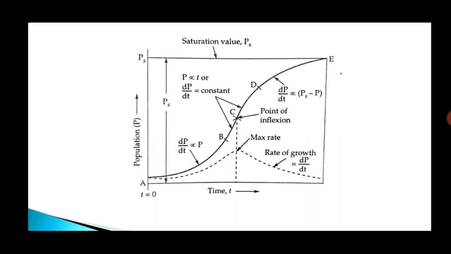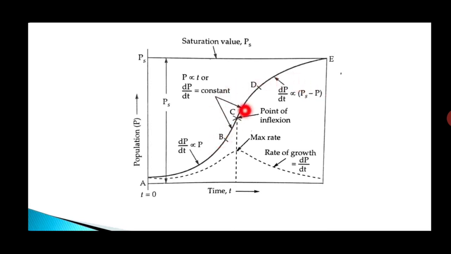Initially the growth is very fast, and when it reaches the carrying capacity, the growth will be very slow. So, you can see the portion DE shows the late growth at a decreasing rate. So, here dP by dt is proportional to Ps minus P. Ps is the saturation value, or you can consider it as the carrying capacity.